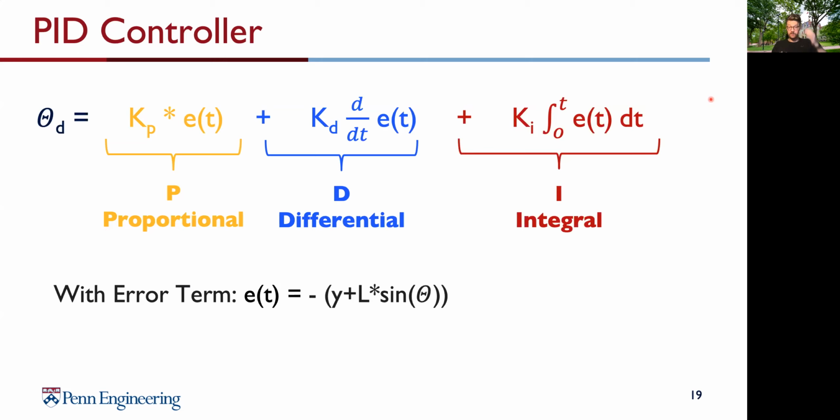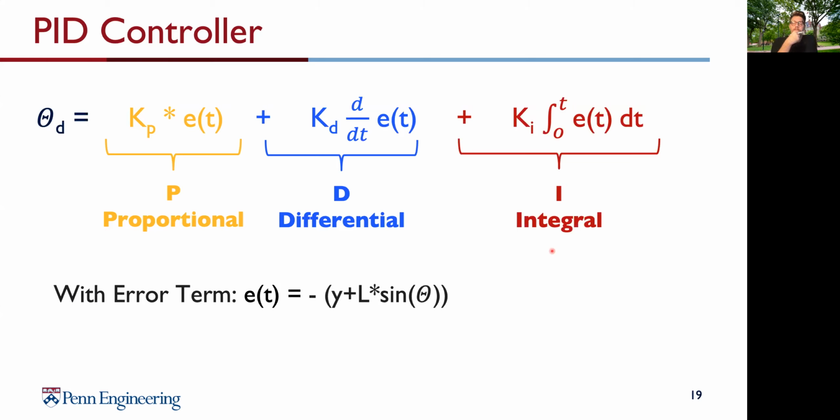Just in this case, so your error term might be different, but this equation over here, where you calculate the steering angle, you can apply to all of the control problems you know. And again, this is defined by the proportional term, by the differential term, and by the integral term.